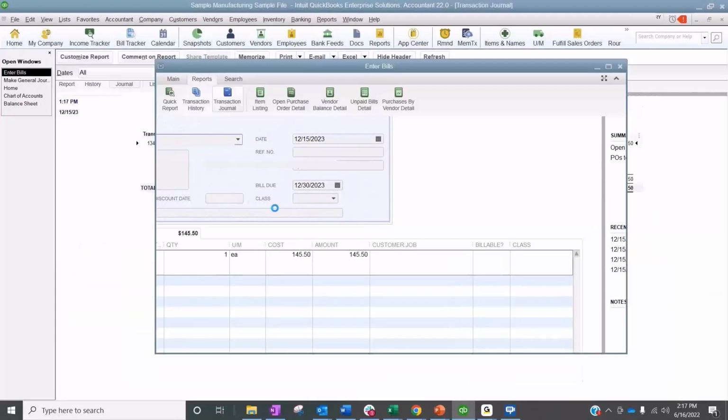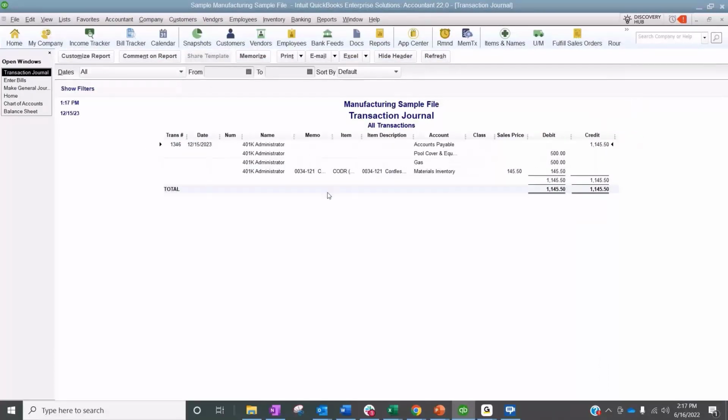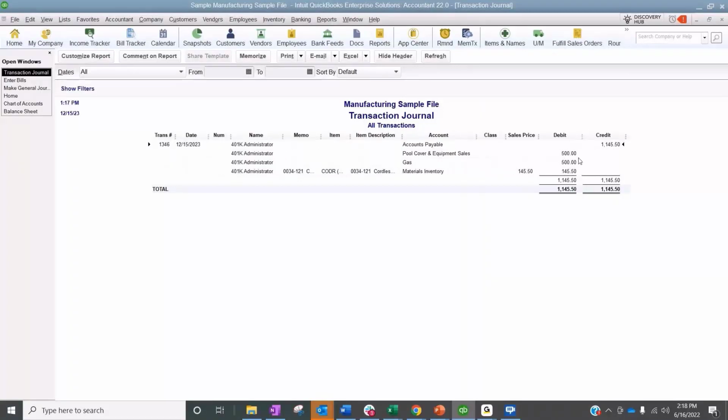In here, if I do Transaction Journal, I'm going to see behind the scenes what's happening from this bill. So credit, $1,145. That's what we expected. Accounts payable is going up. Perfect. We are debiting $500 to pool cover and equipment sales, which is an income account, which would make it go down.